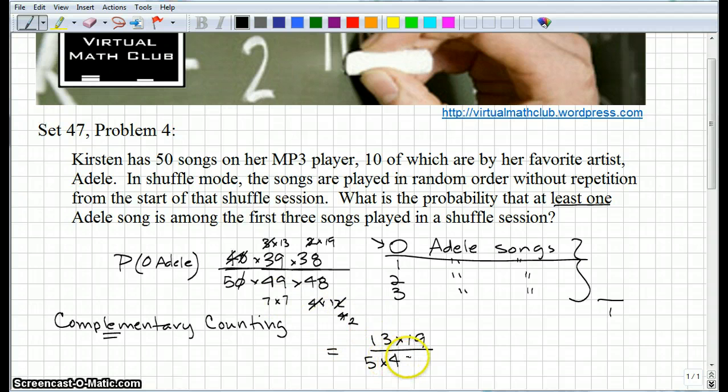And then the only thing we have left out of the 48 is a 2. Okay, so that calculates out to 247 out of 490. So that's the probability of the complement. That's the probability that there are no Adele songs in the first 3 songs.